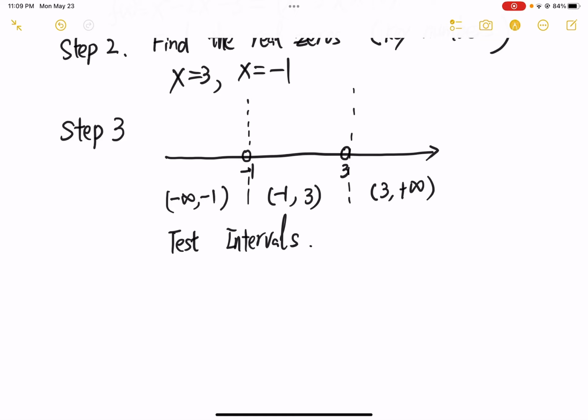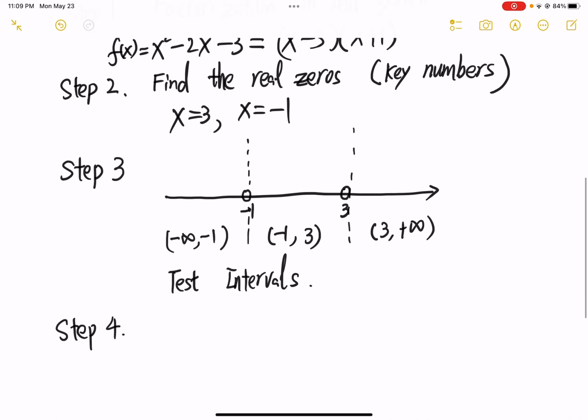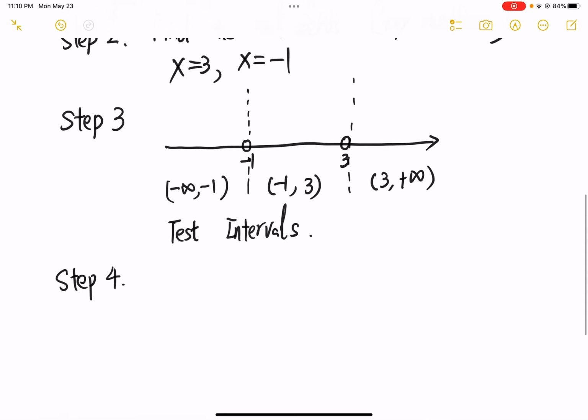Then the next step is we need to determine the sign of the function f on each test interval by evaluating any specific numbers.